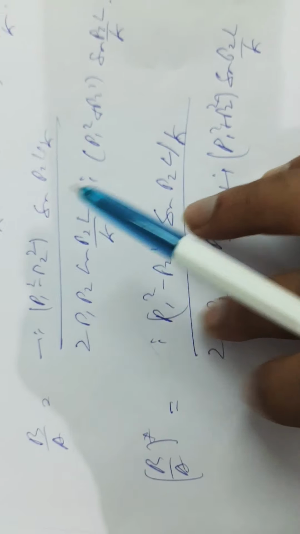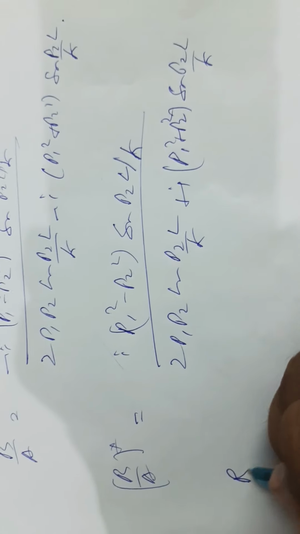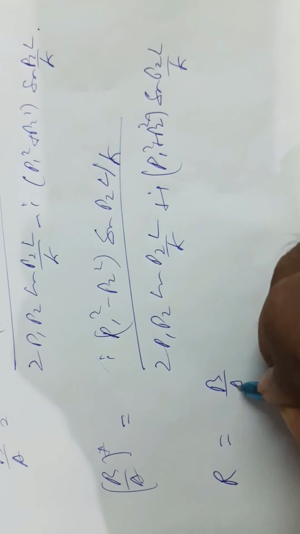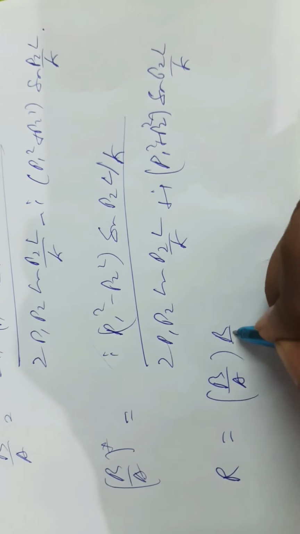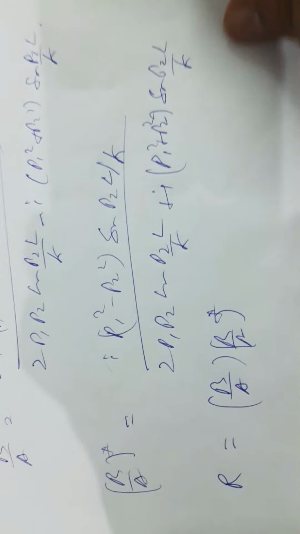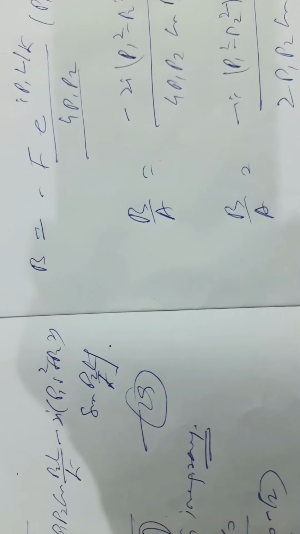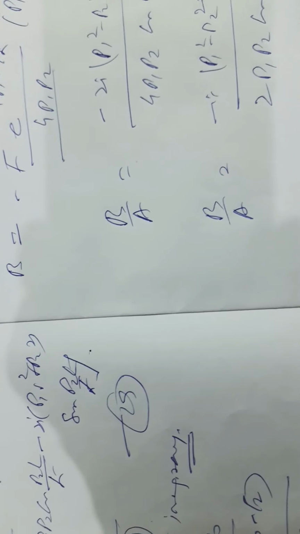So what we do is that the reflectivity can be obtained by r is equal to b by a into b by a asterisk. Now we'll substitute the value of b by a and b by a asterisk in the equation to get the value of r.